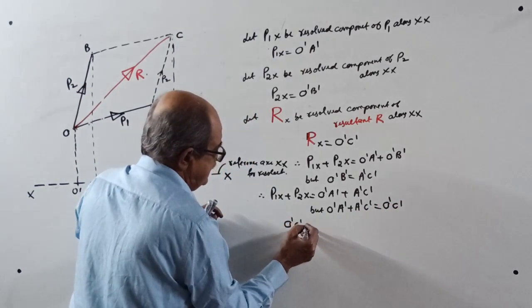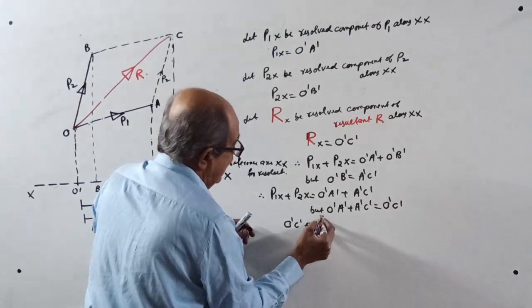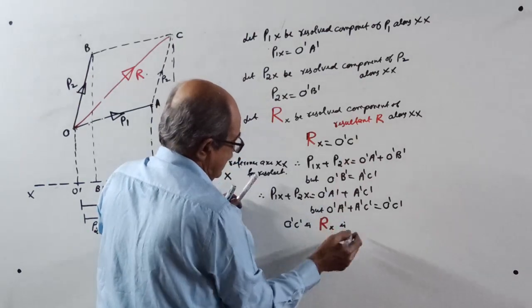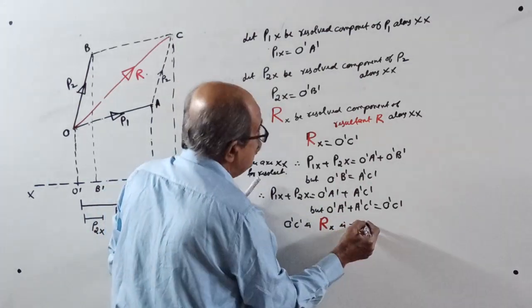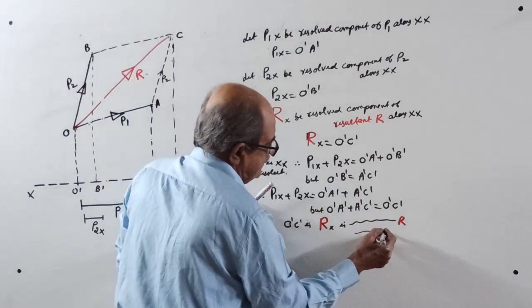O dash C dash is what? It is Rx. That is the same Rx right here, the resolved component of resultant R along the x-axis.